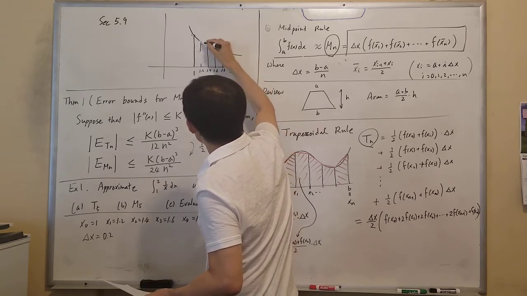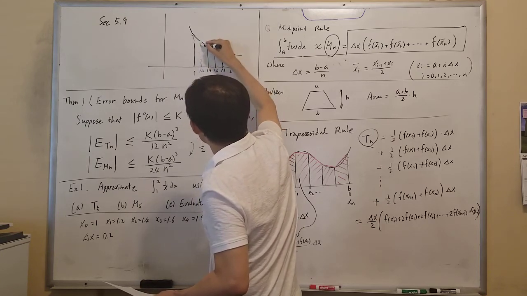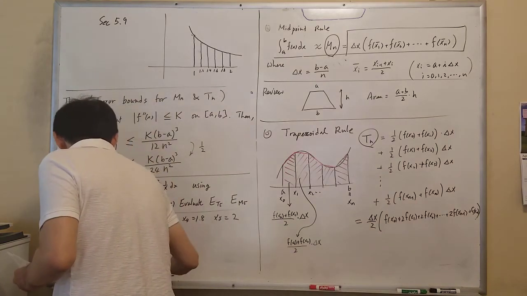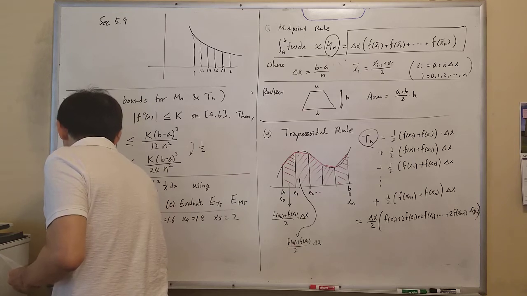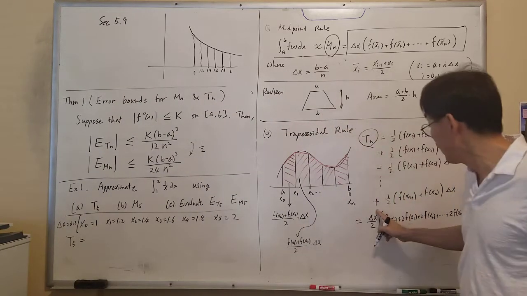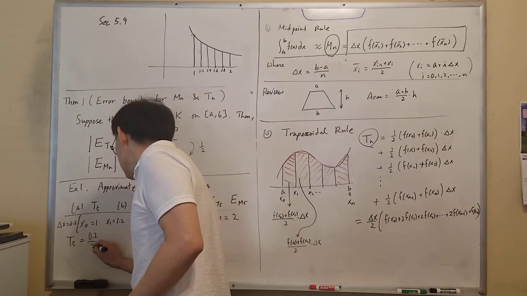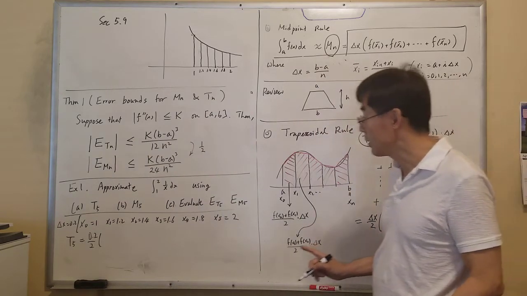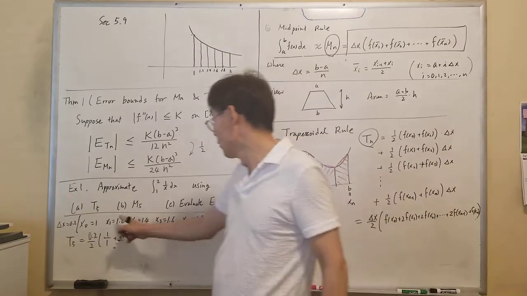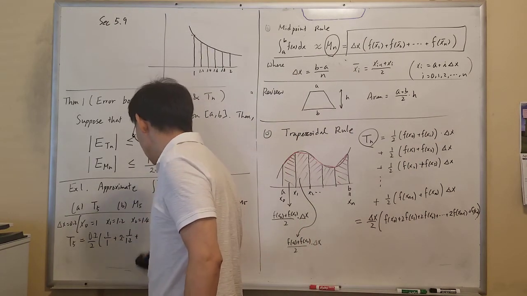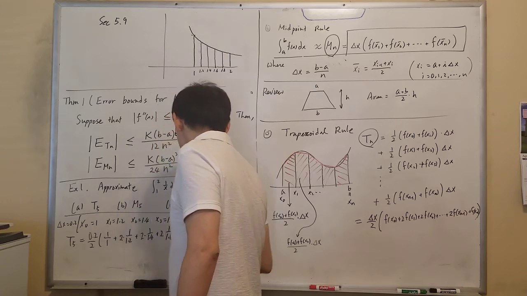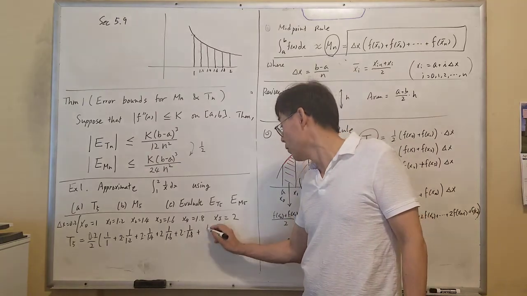Okay. And then T5. Delta x equals 0.2. And T5 is delta x over 2, so 0.2 over 2, times the function value at the endpoint, 1 over x0, plus 2 times f of x1, 1 over 1.2, and 2 times 1 over 1.4, 2 times 1 over 1.6, 2 times 1 over 1.8, and the last one, just the function value at the end, 1 over 2.